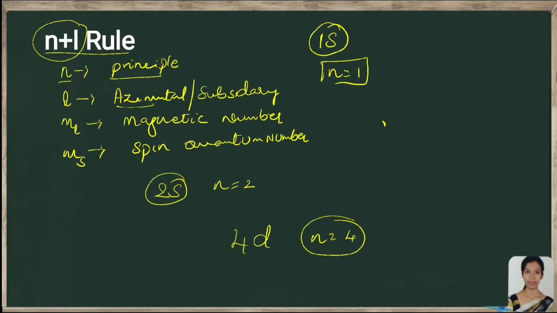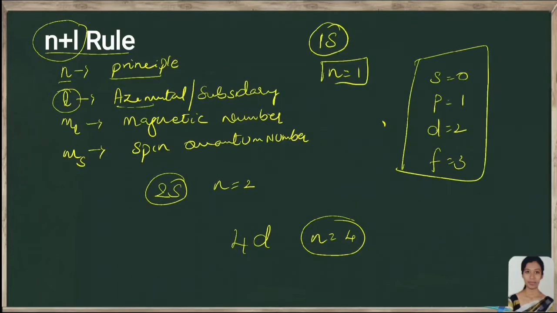So we are identifying the n value, but we should also know about the l value. The l value is 0 for s orbital, 1 for p orbital, 2 for d orbital, and 3 for f orbital.